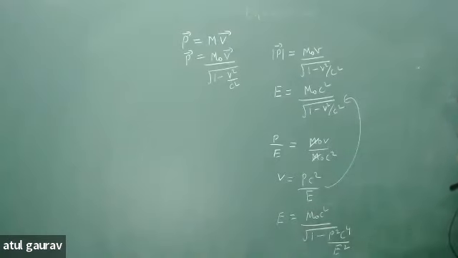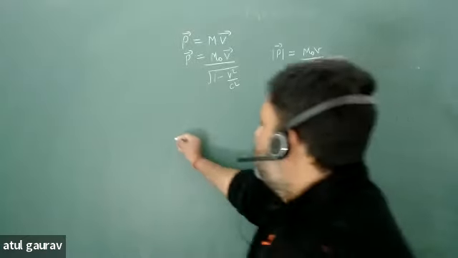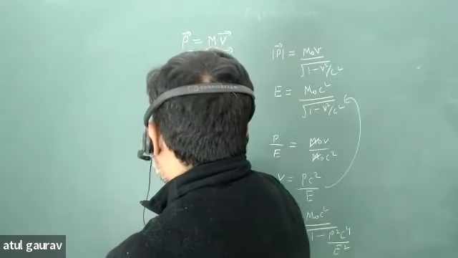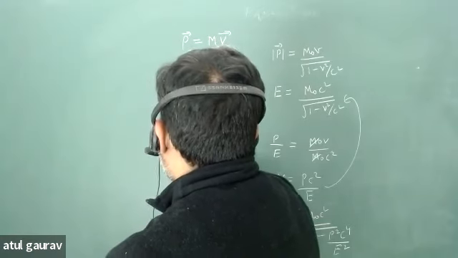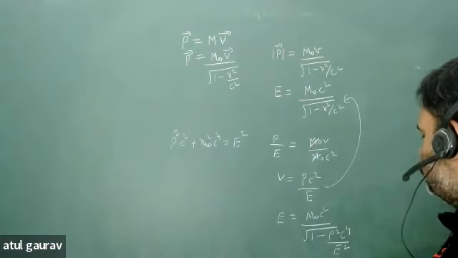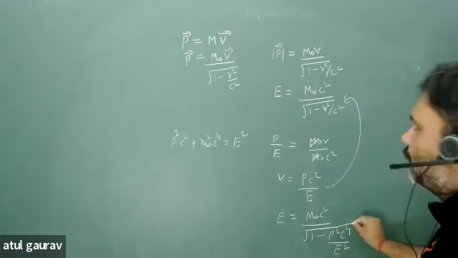Equal to p square c square plus m naught square c to the power 4. हाँ, क्या आ रहा है? p square c square plus m naught square c to the power 4 is equal to E square. Yes, sir. आ रहा है ये? Okay, good.